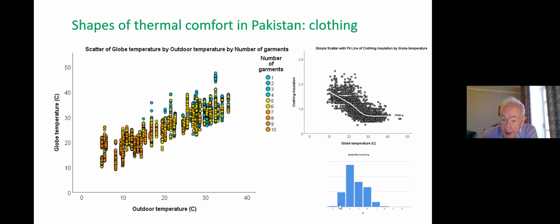This shows 3 layers, 4 layers, 5 layers, 6 layers, 7 layers. So you can see that 4 layers is the usual.